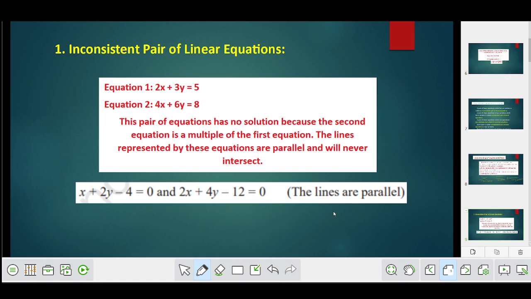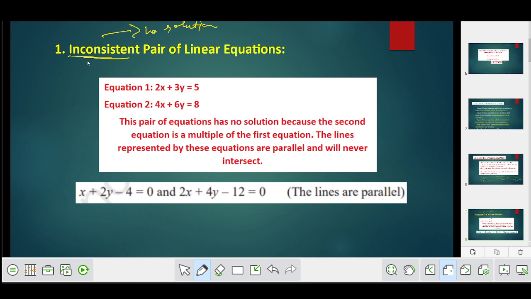What is an inconsistent pair of linear equations? Inconsistent means no solution. A given equation which does not provide any solution, we can say that is inconsistent.